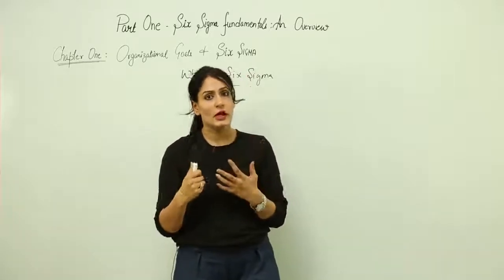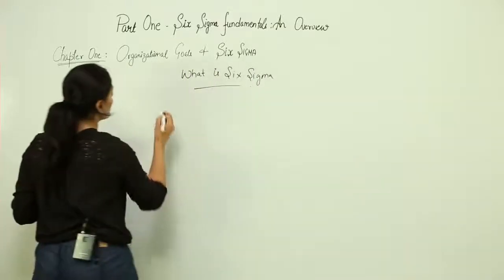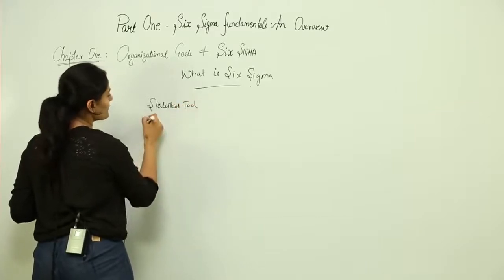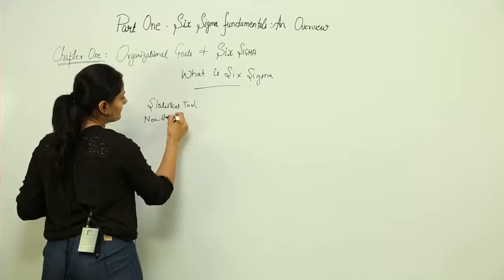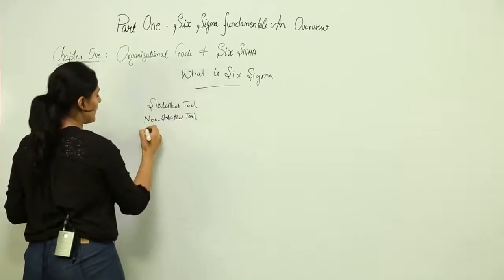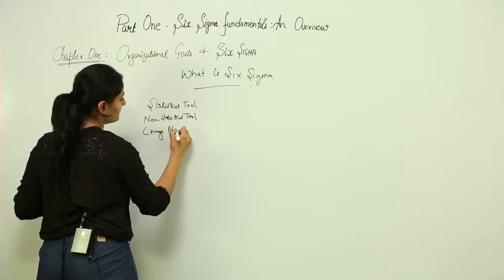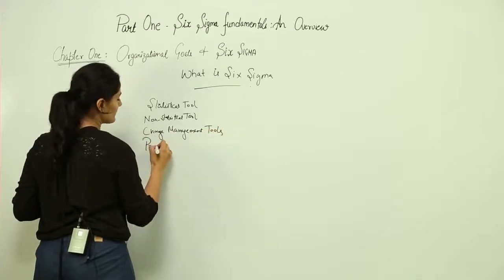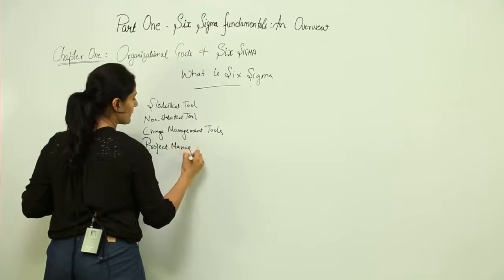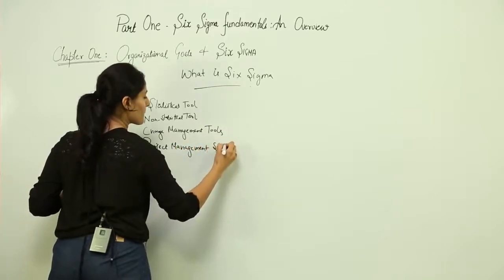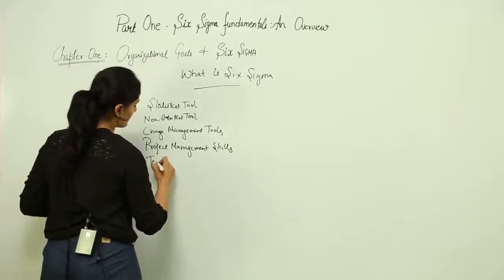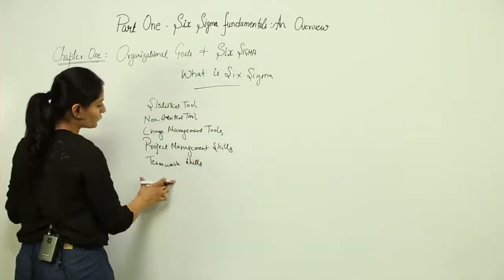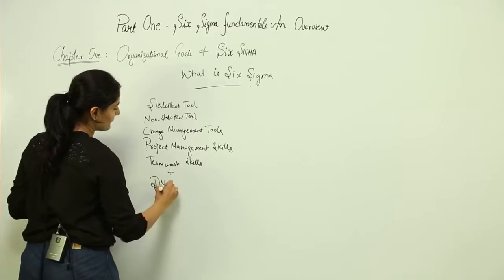Six Sigma is a business strategy which includes statistical tools, non-statistical tools, change management tools, project management skills, and teamwork skills, plus a very important roadmap, that is DMAC.